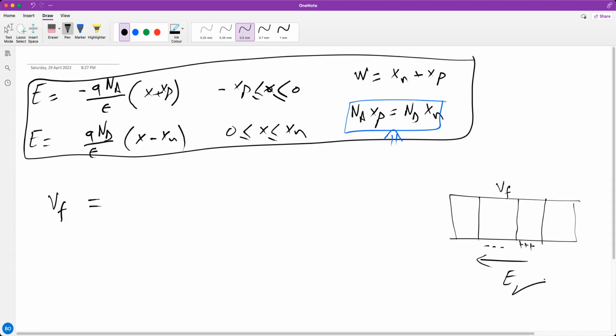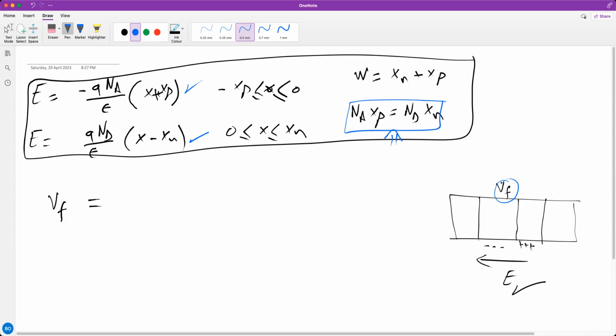I just calculated the electric field here. This is the expression of the electric field. I want to derive an expression of the built-in potential. How can I do this? If I give you the expression of the electric field and I ask you the expression of the built-in potential.